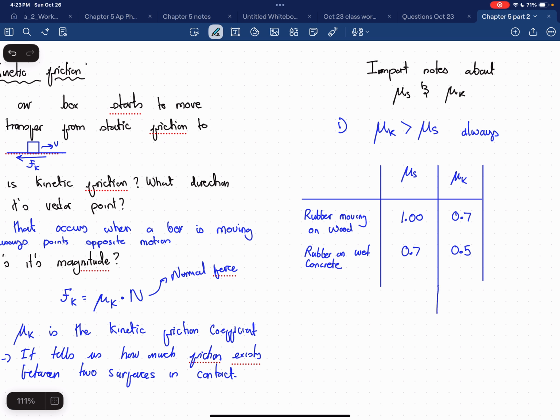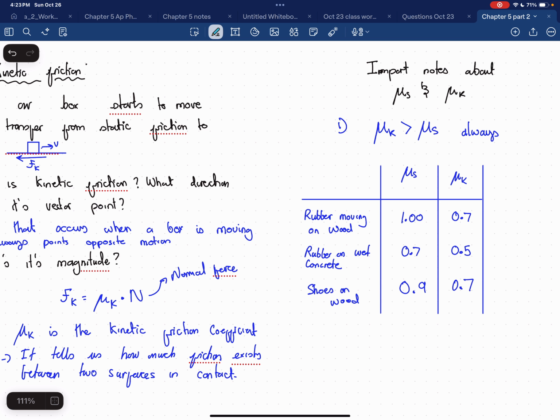One more: shoes on wood. The static coefficient is 0.9, and the kinetic friction coefficient is 0.7.